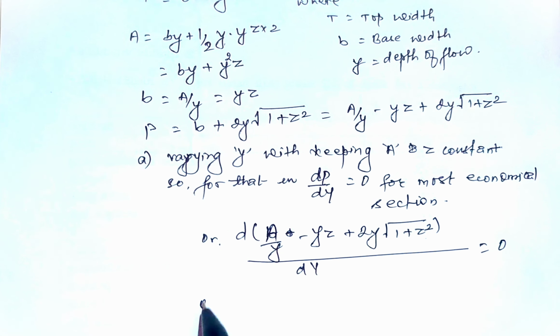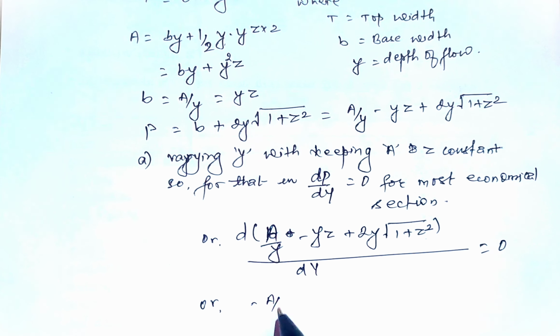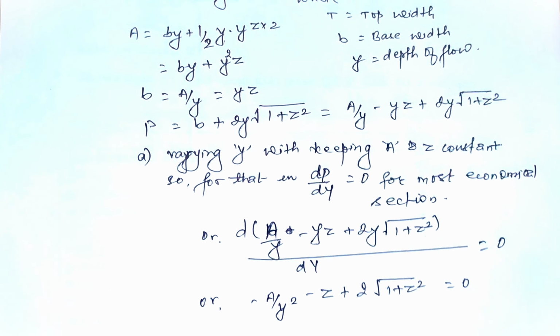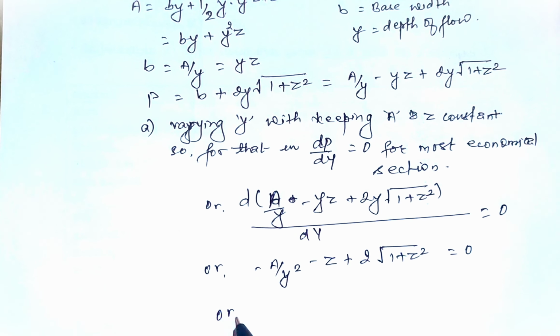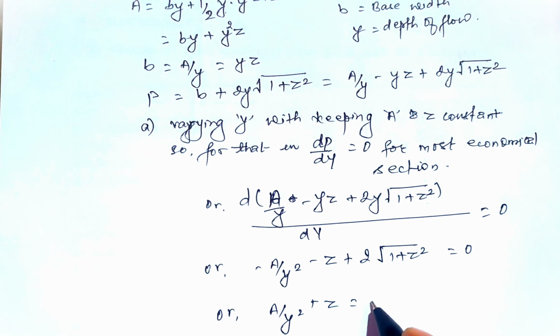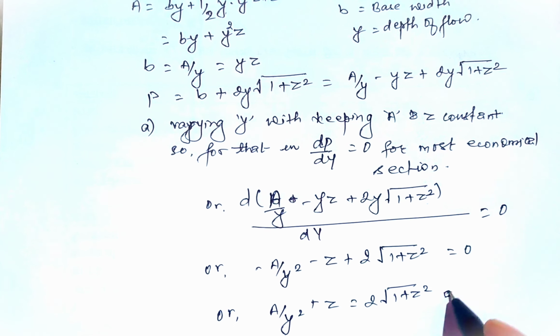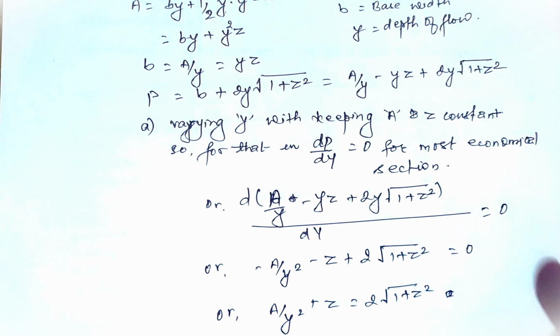On simplifying this, minus A by y square minus z plus 2 root over 1 plus z square equals 0, or A by y square plus z equals 2 root over 1 plus z square, just taken to the other side.